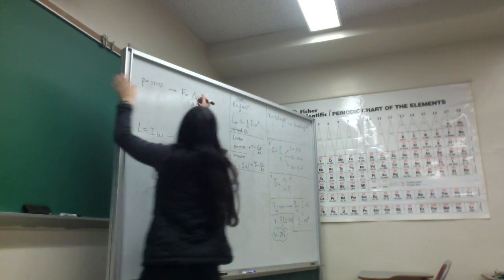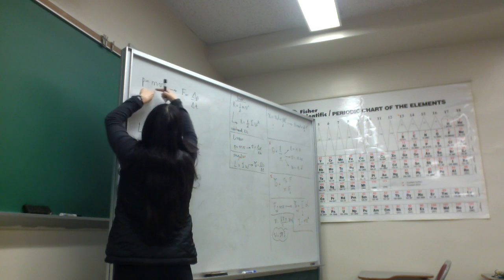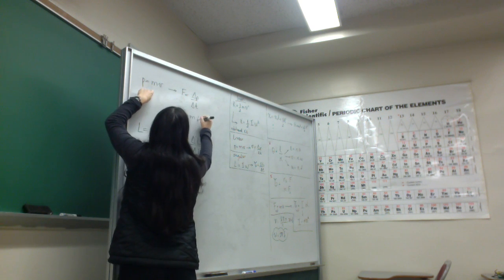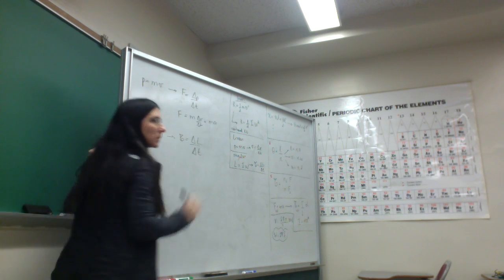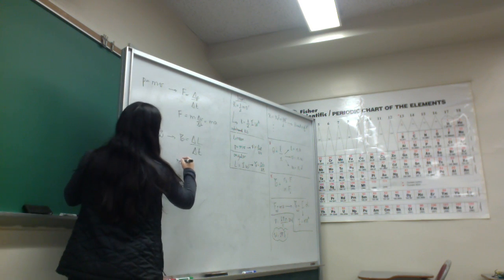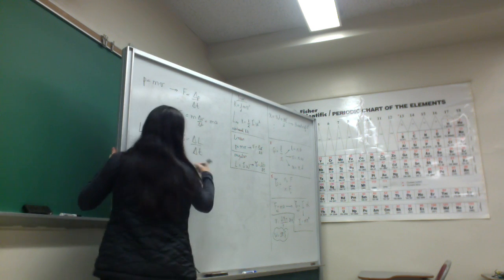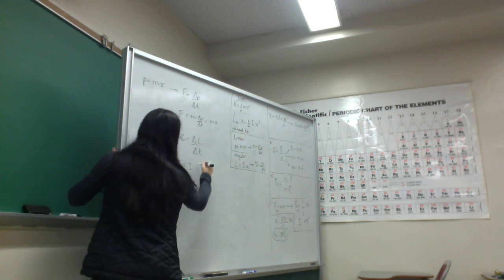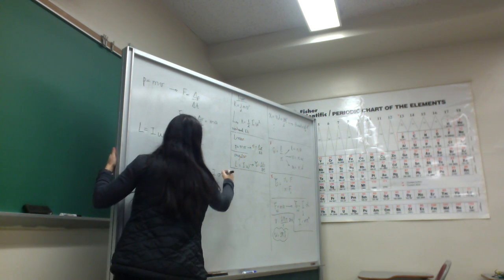Can we write it like this? Well, momentum is mass times v, so mass and the change in velocity will give us ma. Same thing here. If the moment of inertia does not change, I can isolate the I, and delta omega over delta t, I have I alpha.